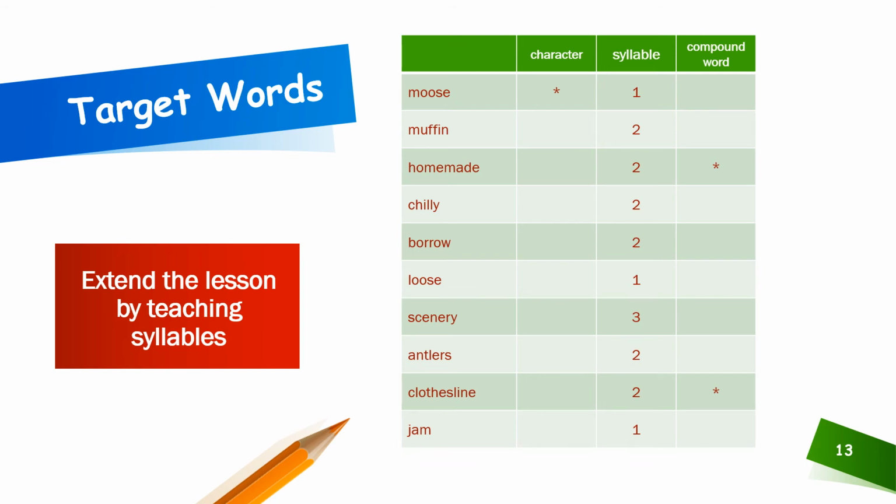So this is the time where you can say moose, and then you're going to point to the M and say M, and then point to the O and say O, and so on. This is giving the children time to recognize letters. So for the ones that are still struggling with letters, you want to make sure that you do this every day. Prompt them to be able to spell the word as well. This will help them with letter recognition.